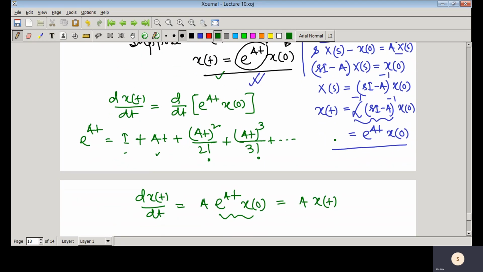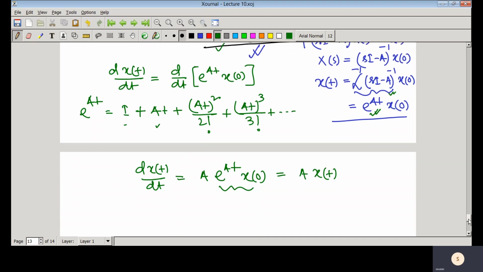That means x(t) = e to the power At x0 is the solution of the differential equation, and this e to the power At is equal to the Laplace inverse of (sI - A) inverse, which is called the state transition matrix.